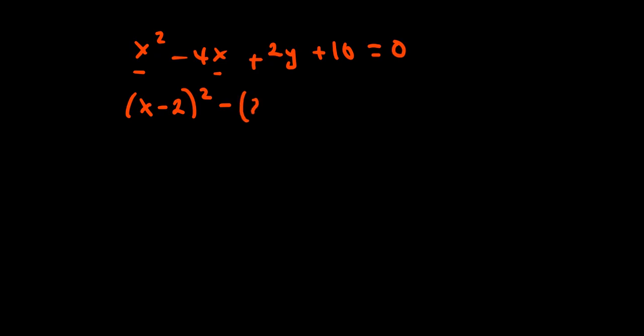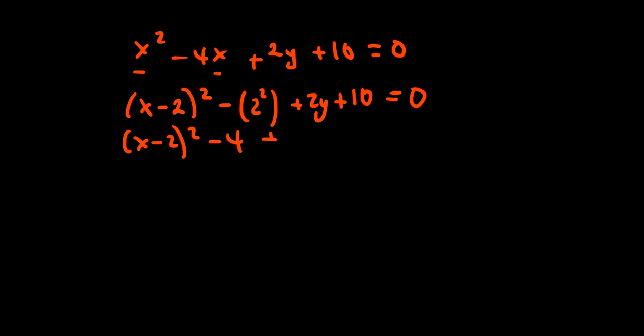So this will be minus 2 squared, like that. Then I have plus 2y plus 10 is equal to 0. I'm just completing the square on that. So that will give me x minus 2 squared minus 4, then plus 2y plus 10 equal to 0.